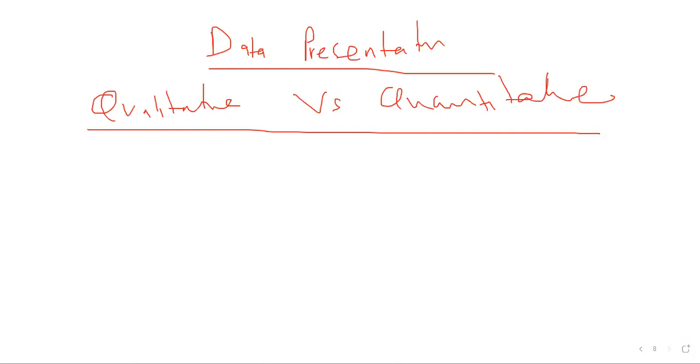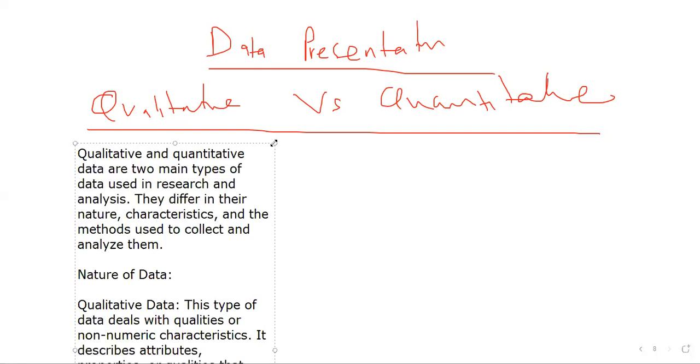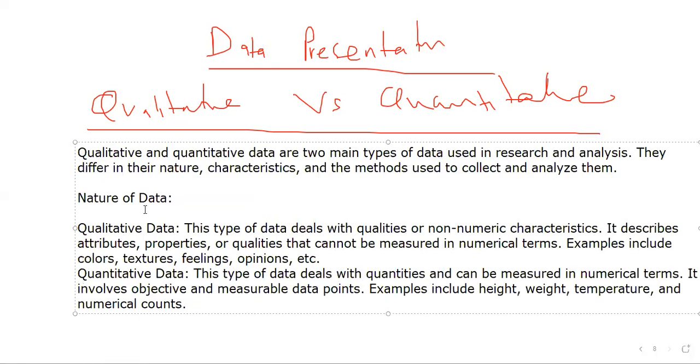So these may differ in terms of nature, measurement, and collection methods. In terms of nature, quantitative data can be defined as data that is numeric in nature.